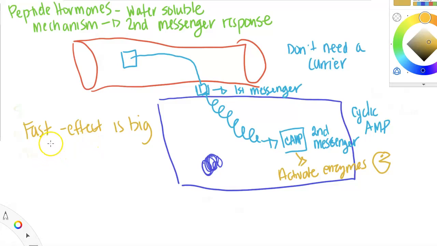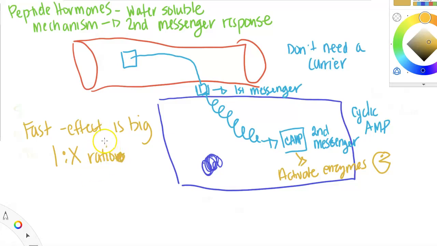So where the steroid hormone is a 1-to-1, one hormone is one protein, the peptide hormone is a 1-to-X ratio. Whoops. Ratio is what I meant.